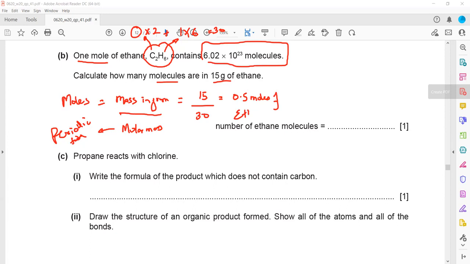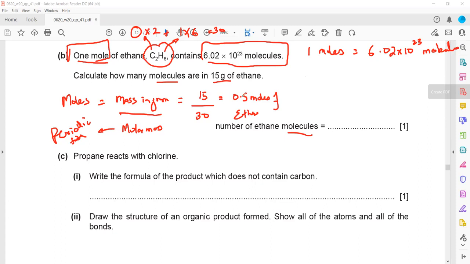But in the question, they don't ask for moles, they ask for the number of molecules. And they give you a relation here. They said that if we have 1 mole, it will have this many molecules. Whenever 1 mole of any substance, it will have this many particles, Avogadro's number, 6.02 into 10 to the power 23 molecules.